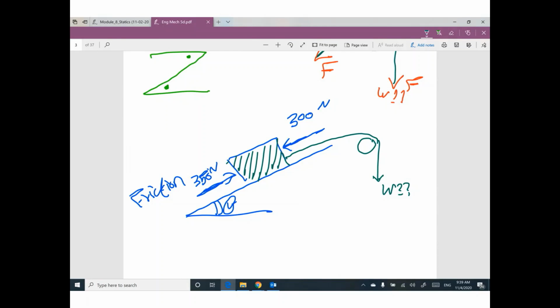In this case, I'm assuming the applied force trying to push this box down equals 300 and the friction equals 350. Can you tell me what is the minimum value for W here to maintain equilibrium?